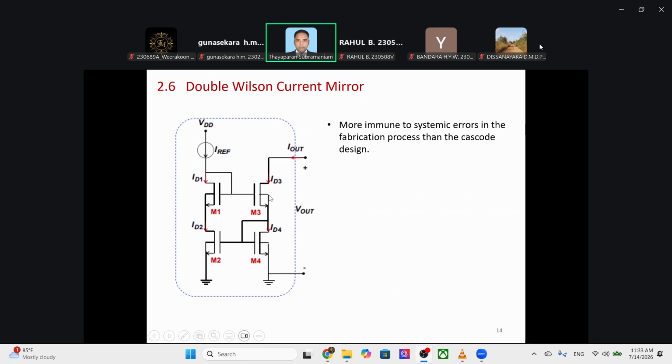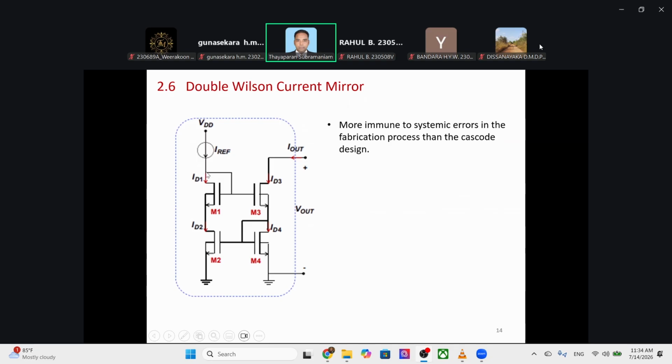Without leaving these two open, here we short. So this setup shows better immunity to errors, especially in temperature variations and power supply variations, because this path is also restricted.